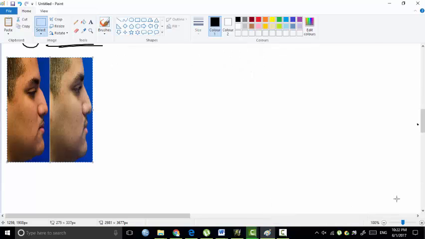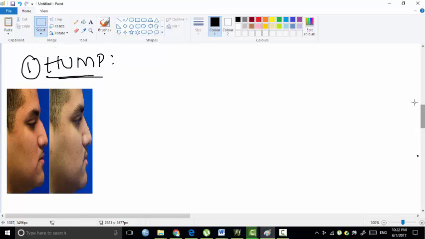So this is the hump of the nose, if you see. So this is the hump of the nose. You can see here.